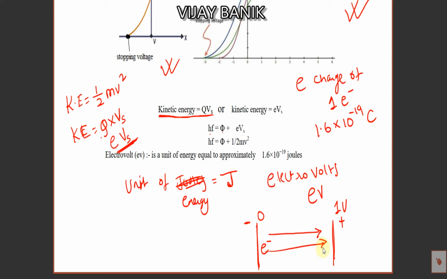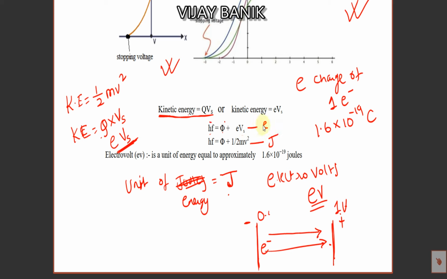If an electron goes between the two plates which have a potential difference of 1 volt, the energy this electron gains is known as electrovolt. Before, we measured it in joules. If we are using this equation, we will measure it in joules. If we are using this equation, everything should be in electrovolt. Remember that. We will learn this in more detail once I start making videos regarding calculations.